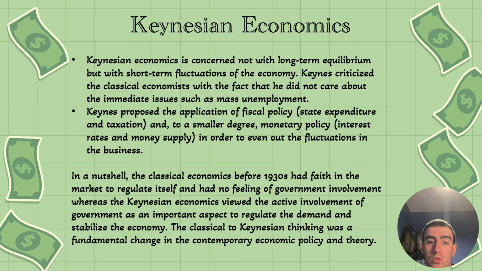So Keynes really held that the government needs to get involved in the economy in order for it to flourish. The shift from classical to Keynesian thinking was a fundamental change in contemporary economic policy and theory.